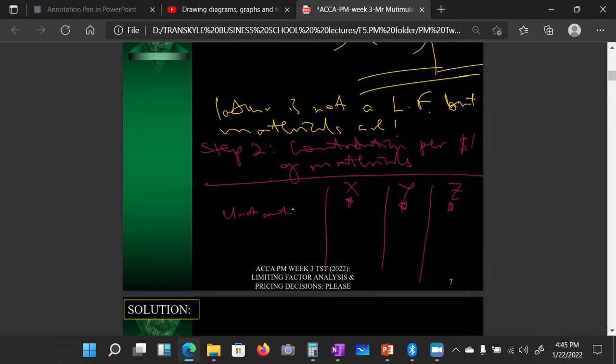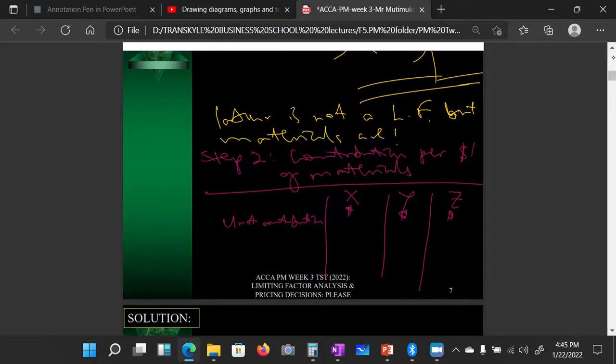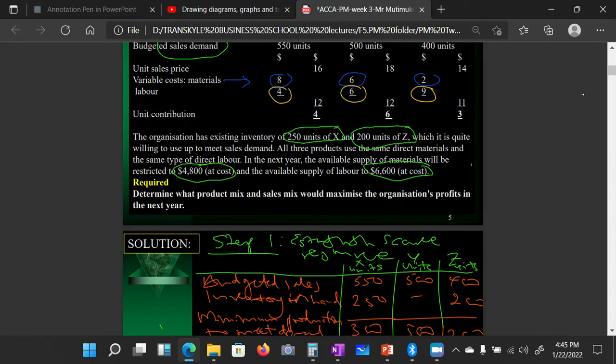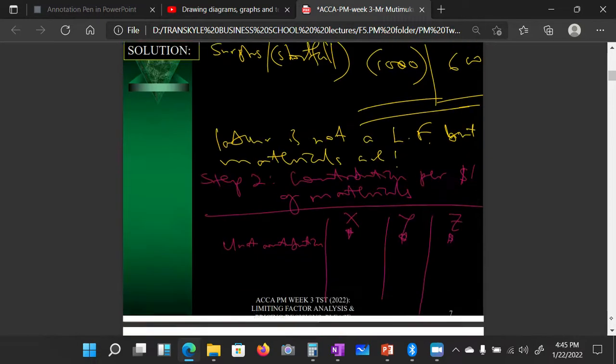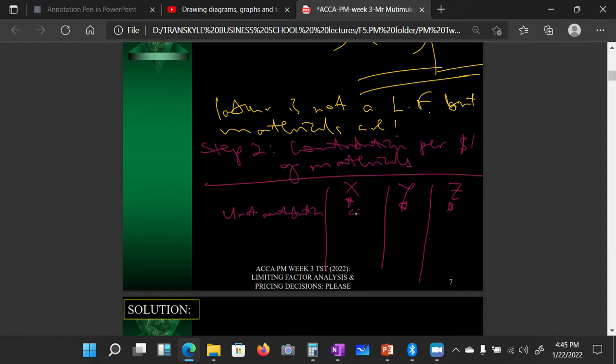Unit contribution: this one has been given in the question. We go back to the question and say, where are the contribution figures? Contribution for product X, that's 4. For Y, 6. For Z, 3. So 4, 6, 3. It's an issue of just slotting in figures.